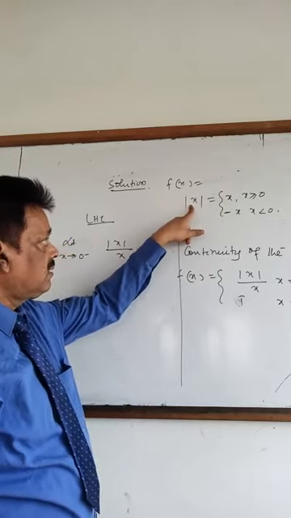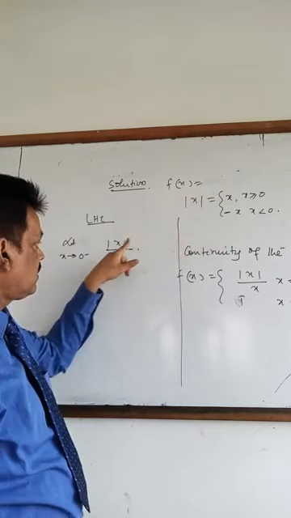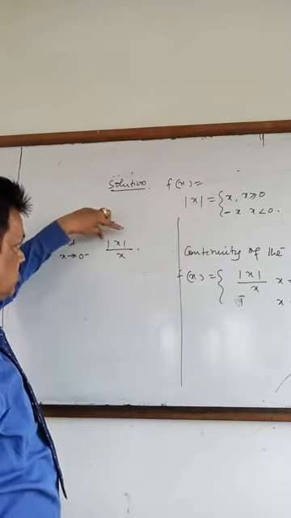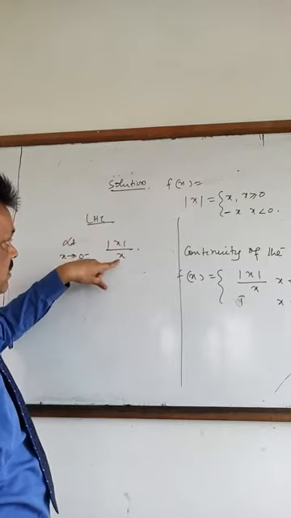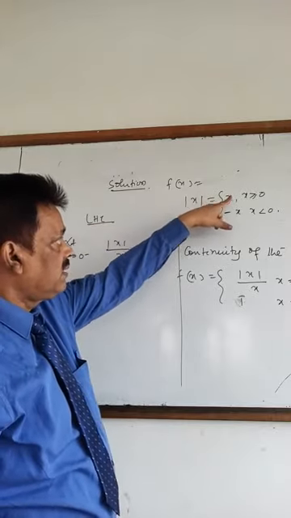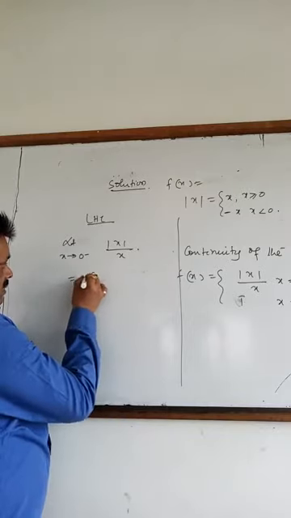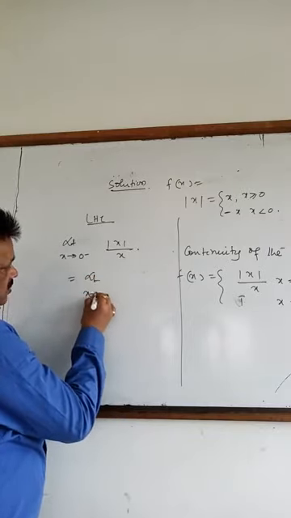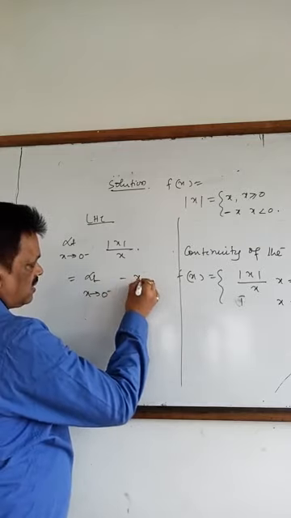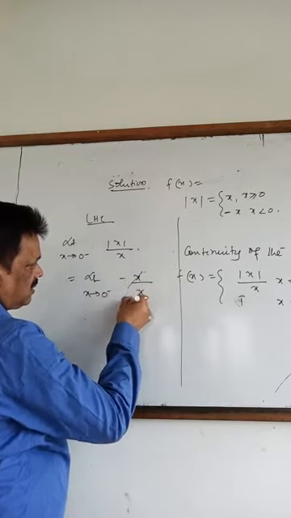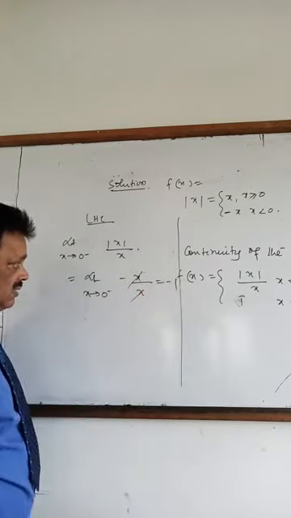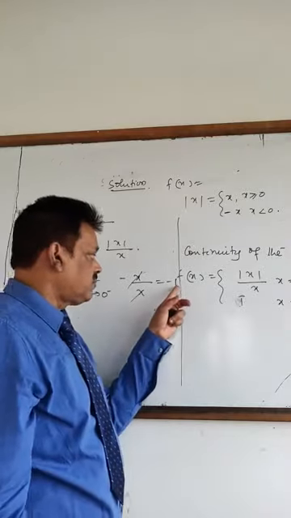Mod x value is minus x. So you are going to write minus x. This one will change, this will not change, because this one is the definition of x and minus x. So that is limit x tends to 0 minus of minus x by x. Now this is cancelled, which is minus 1. So directly you found the value minus 1.